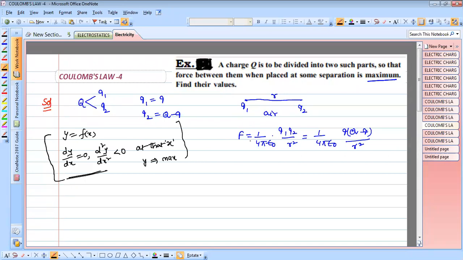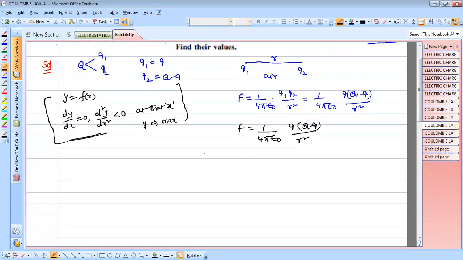So what is the thing? Force becomes maxima. Now force is a function of q. Here the force equals 1 by 4 pi epsilon naught into (capital Q minus small q) into small q by R square. Now the force becomes maxima.